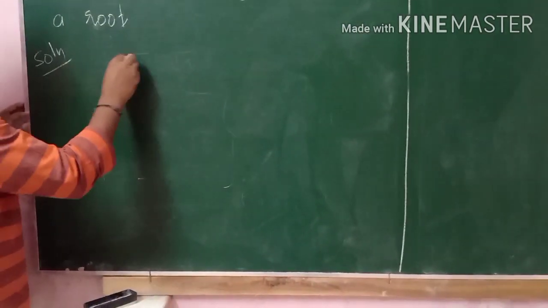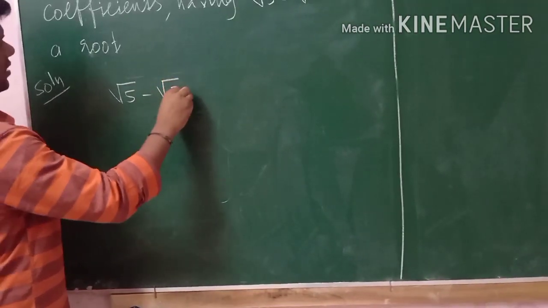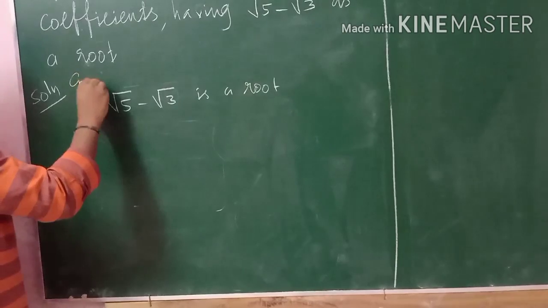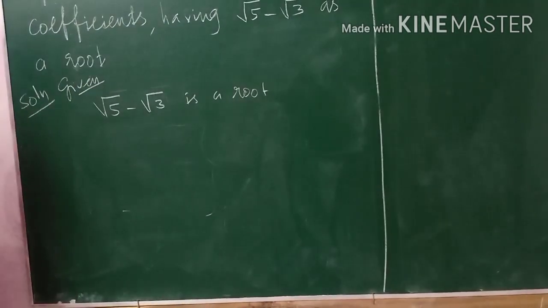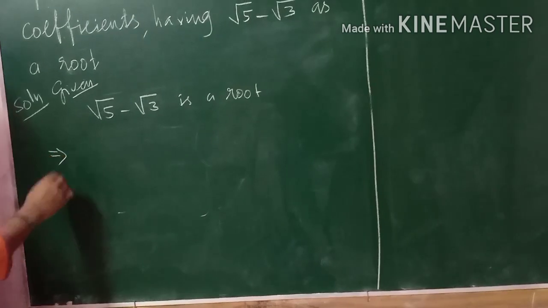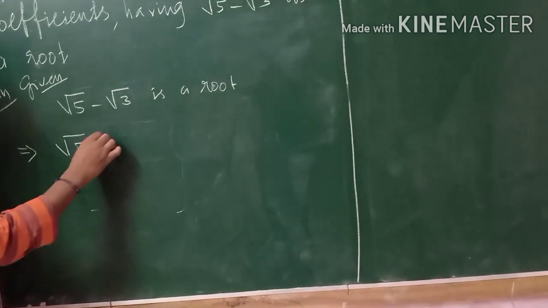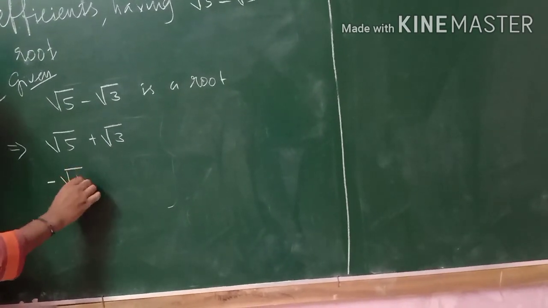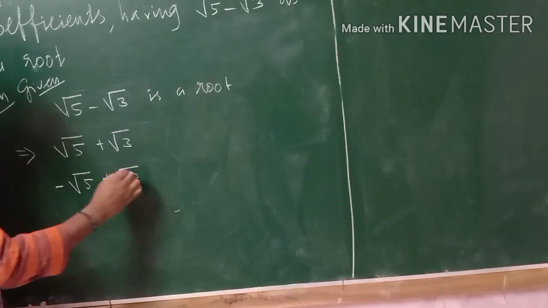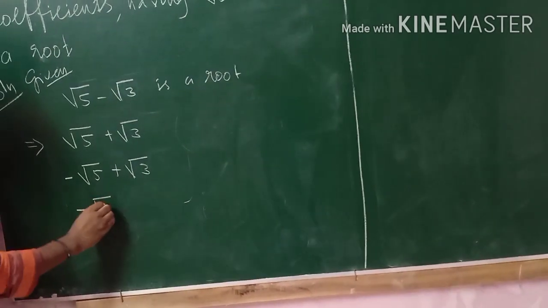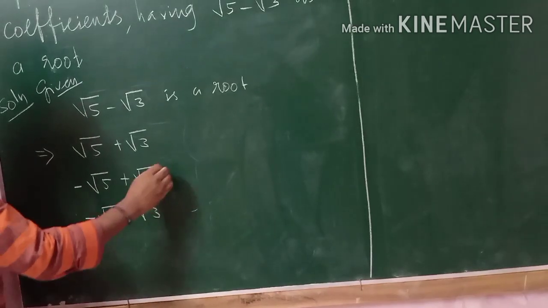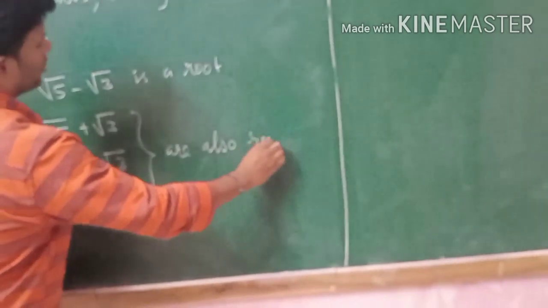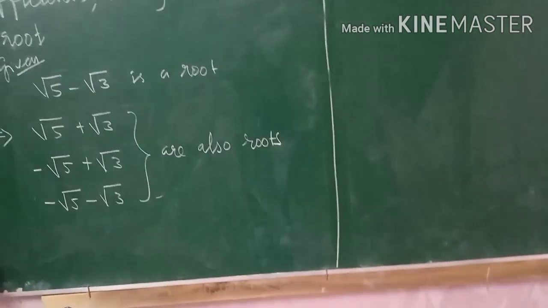Square root of 5 minus square root of 3 is a root. So what are the other roots? Square root of 5 plus square root of 3, and minus square root of 5 plus square root of 3, minus square root of 5 minus square root of 3 are also roots of the polynomial equation.